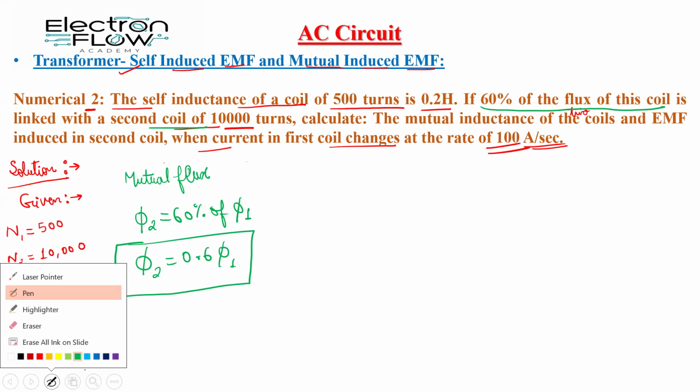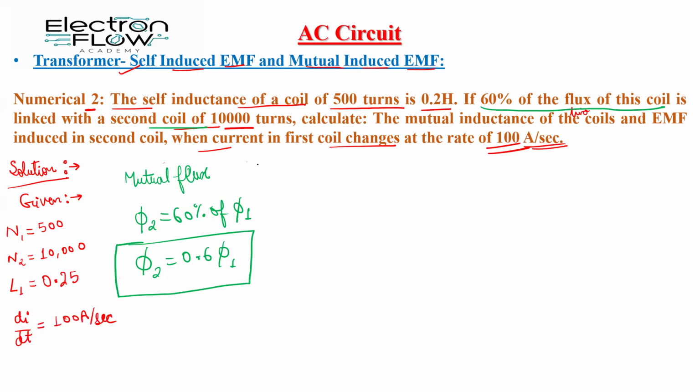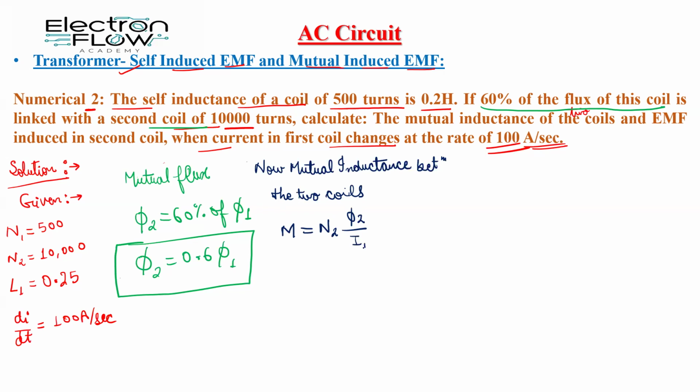Next, the mutual inductance between the two coils is given by M is equal to N2 phi 2 divided by I1.